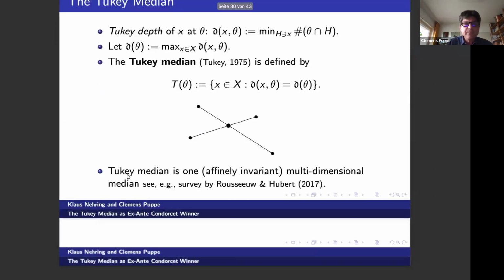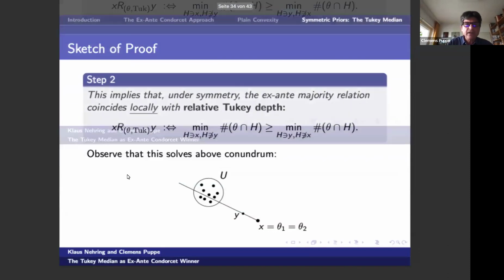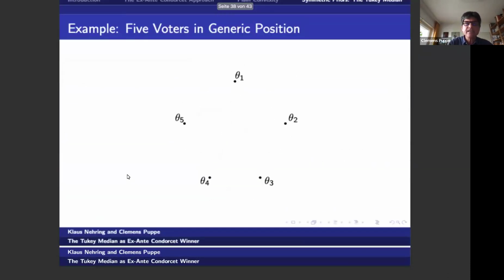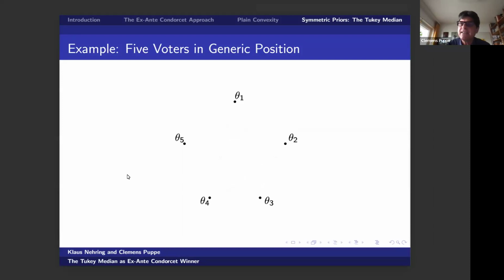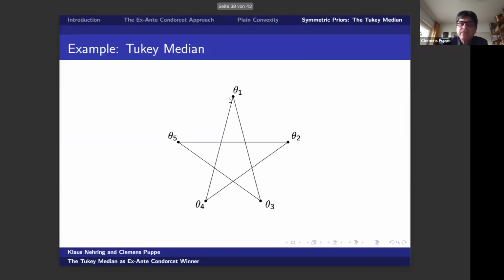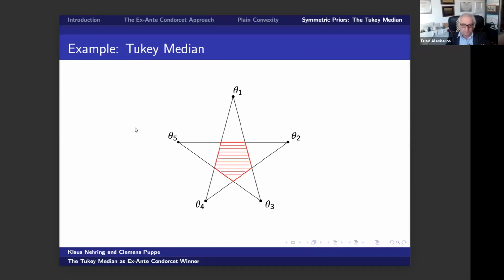Let me give you, just before I go on, sorry, I jumped to an example. This is the example. Just to understand the Tukey median, let us ask, what is the Tukey median in this example here? There are 5 tops, 5 data points. Where are the Tukey medians? Okay, answer, you have to draw these lines here, okay? So that you have this 5-edge, 5-vertex star. And where are the Tukey medians? Well, these are the red shaded area.